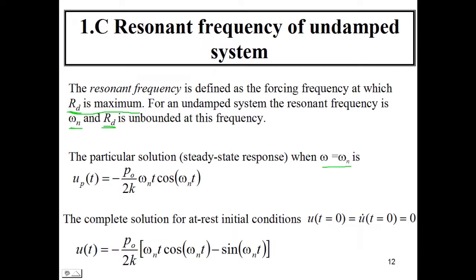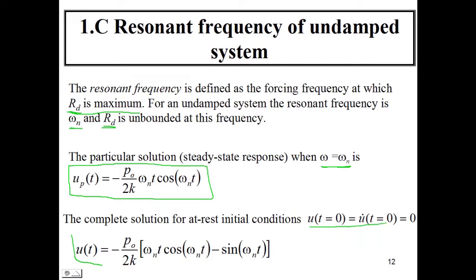When omega equals omega n, the particular solution previously shown is no longer valid. It can be shown that the particular solution, or the steady state response, can be expressed as... the complete solution for at rest initial conditions.